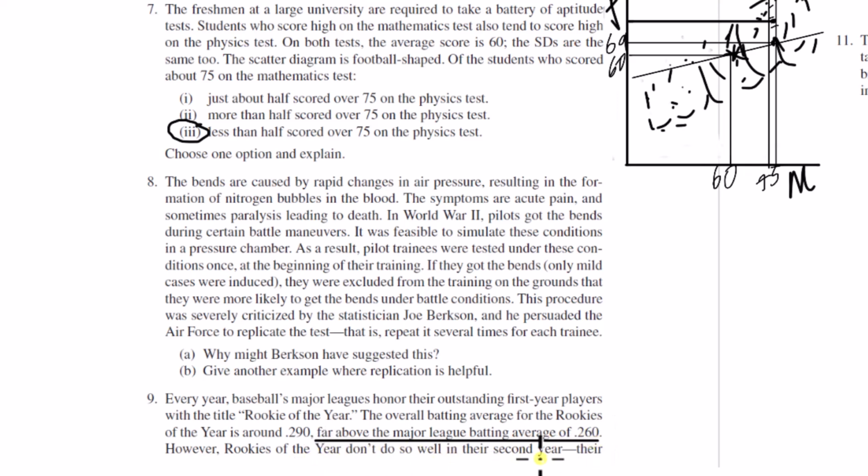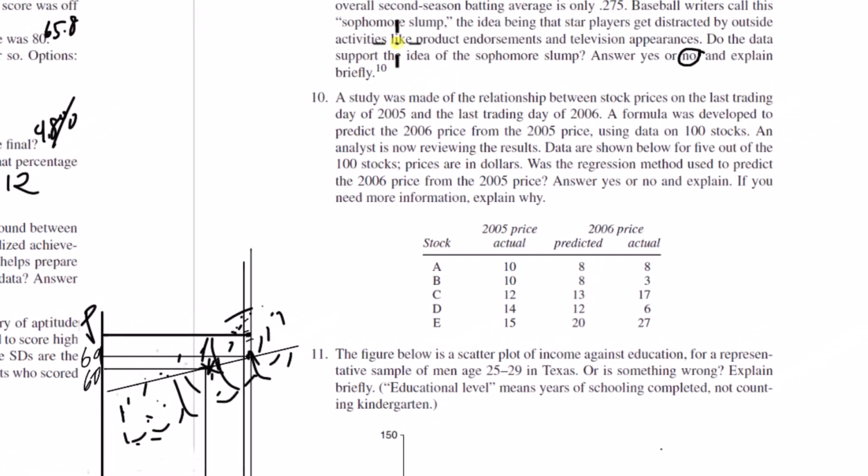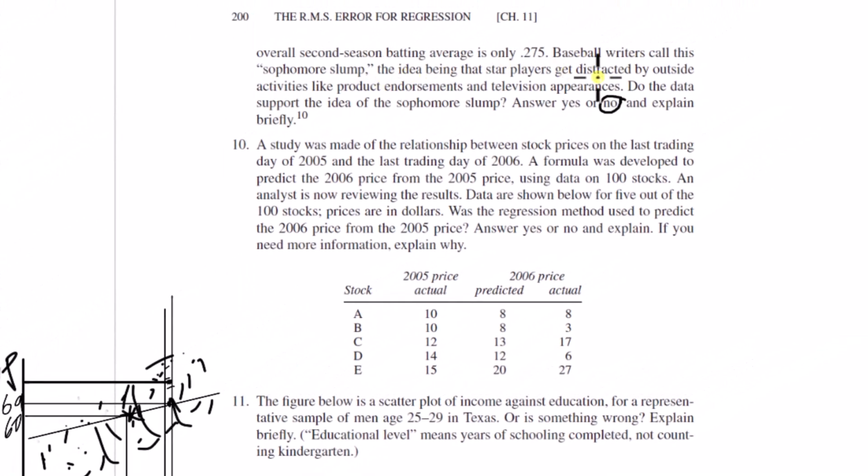And why this is a key statement is because, on average, if you did this well to start, you had such a great rookie year, you're gonna come back a little bit on average. You're already far above the entire league average. So what they're saying is that attributing this to some sort of reason, that they've gotten distracted by outside activities, you don't even need to be a professional in baseball to say this is the regression fallacy.